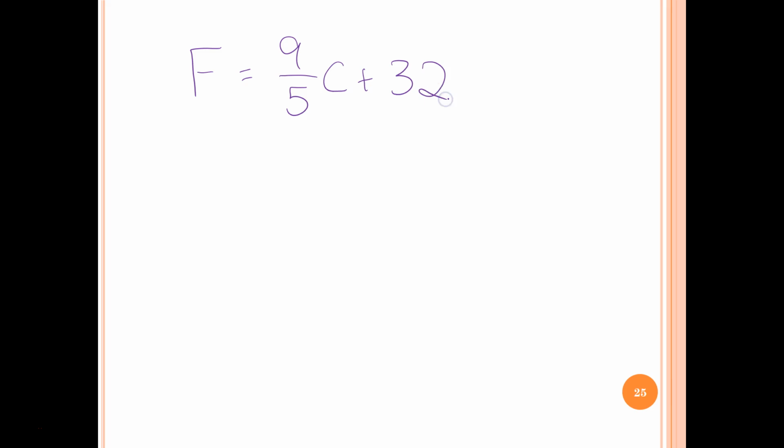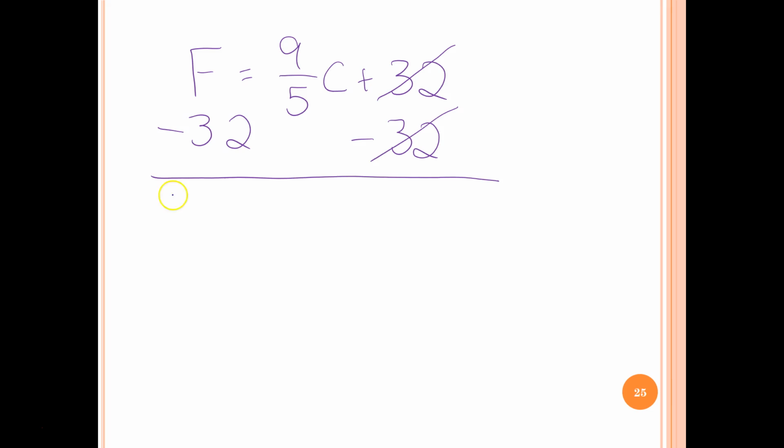Think for a moment of what's the best way to get this done. Well, would you want to multiply everything by a fraction or start by subtracting? I would say start by subtracting. That way we only have to work with multiplying by a fraction once. So we're going to subtract 32 from both sides, and we're going to undo the fact that the 32 is being added to the right-hand side of the equation.